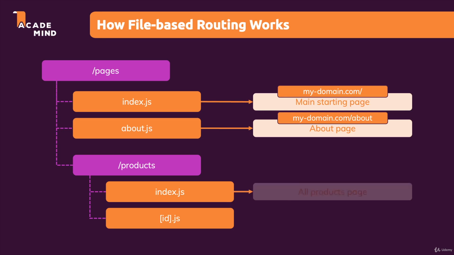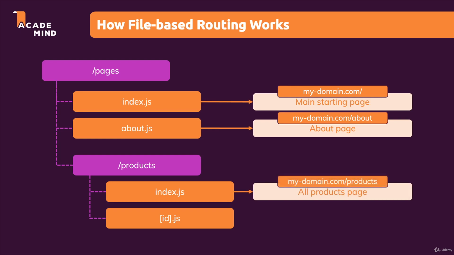Inside of products, for example, index.js would be loaded for mydomain.com/products. So not /products/index, but just /products/nothing loads index, just as mydomain/nothing loads index in the pages folder. If we have a file named differently, like about.js here, then this file name is used as a path segment.